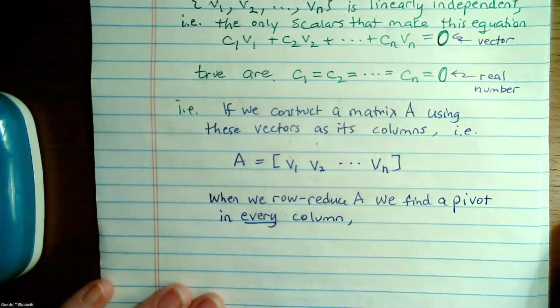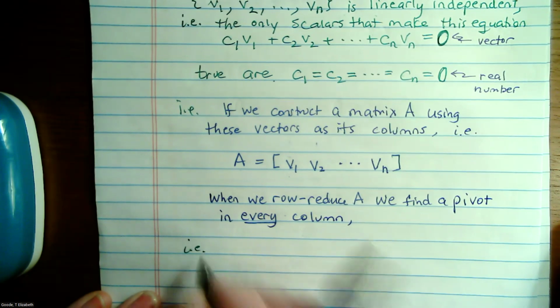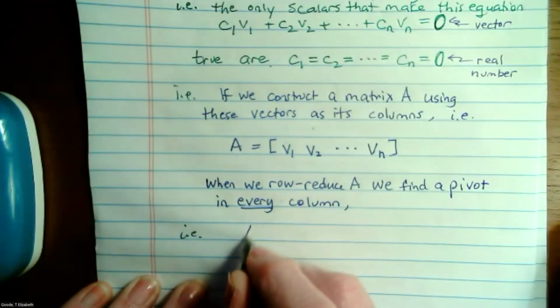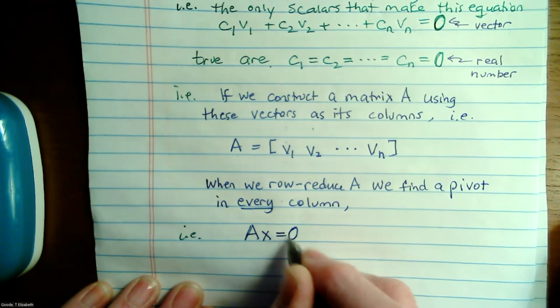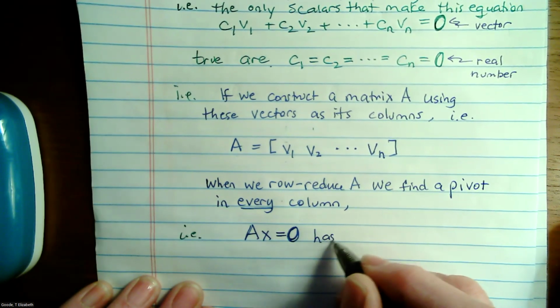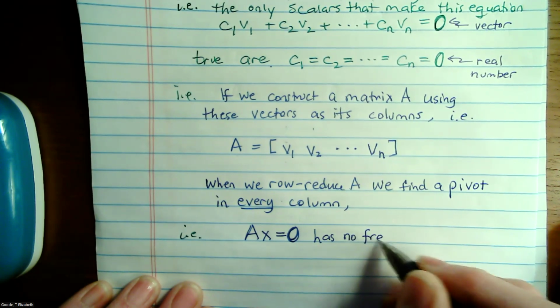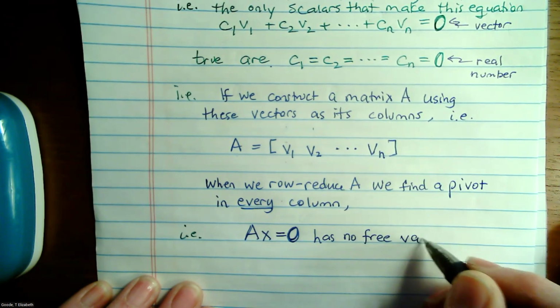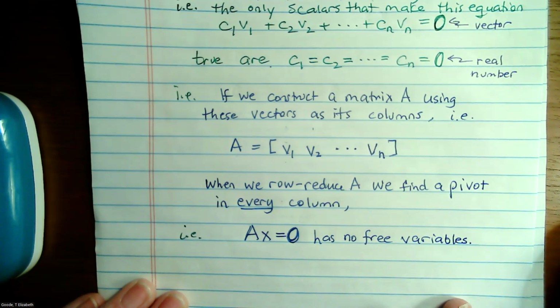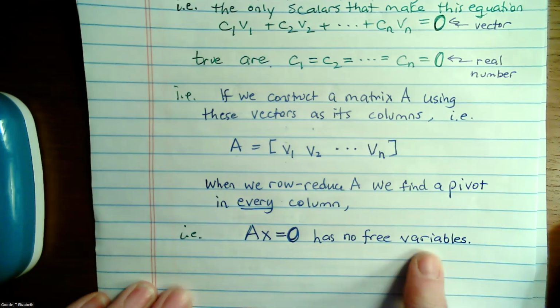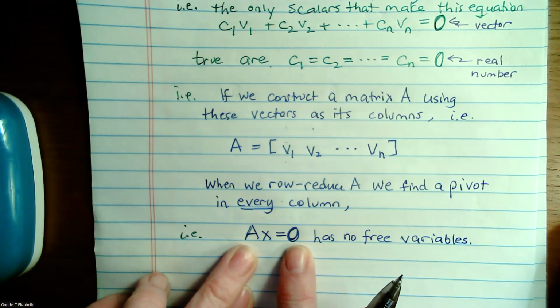And what does that mean? That means no free variables. AX equals 0 has no free variables or parametric variables. Every variable is a basic variable with a pivot. And that means this system doesn't have any free variables.